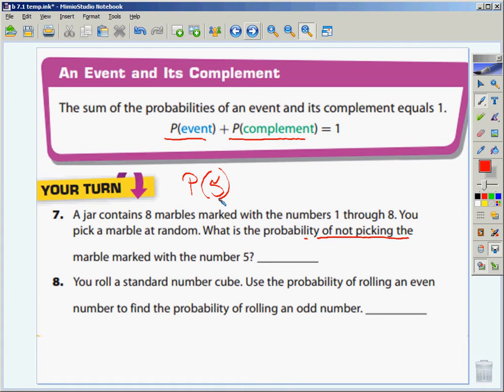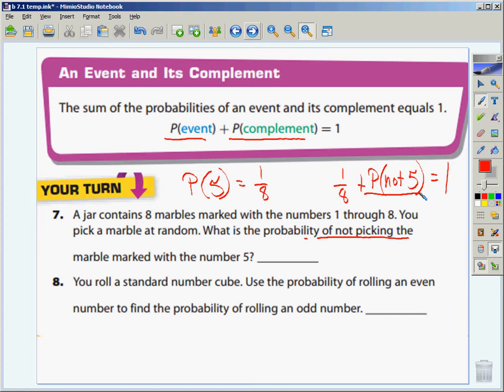1 out of 8. So if I take 1 out of 8, the complement, which would be not a 5, should be equal to 1. Algebraically, what would I do to get this probability here by itself? How would I get rid of this 1/8? You keep the 8, but for the numerator, what would I do?